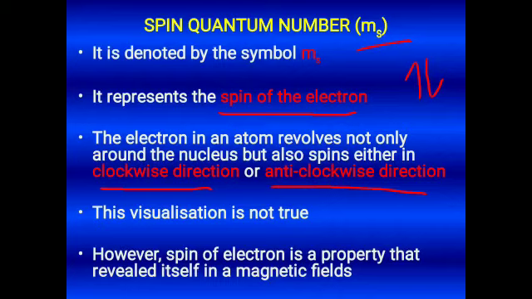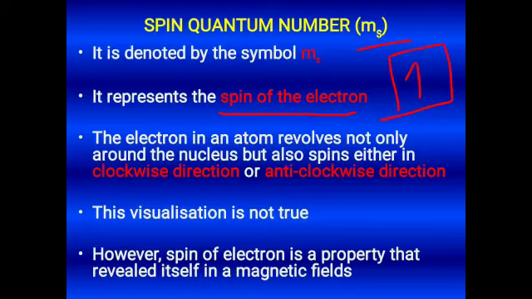Suppose we have only one electron in the orbital; if only one electron is there, it will spin in clockwise direction alone.